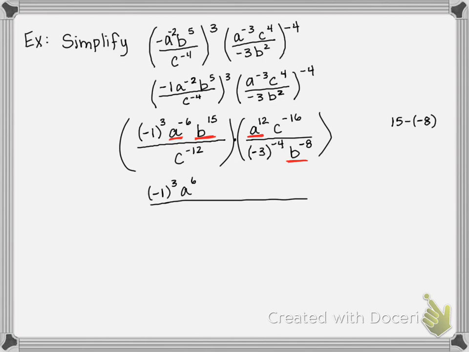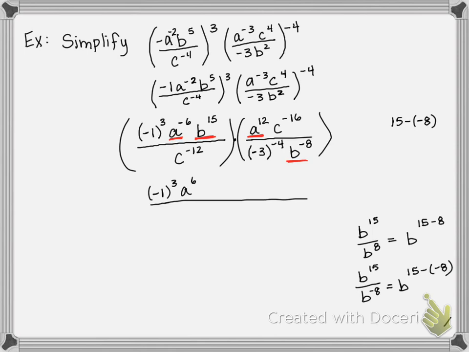The exponent on the bottom is negative 8. We are subtracting it. No. 15 minus positive 8 is 7. 15 minus negative 8 is 23. If you had b to the 15th over b to the 8th, that would be b to the 15 minus 8, which is b to the 7th. We have b to the 15th over b to the negative 8th, which is b to the 15 minus negative 8.